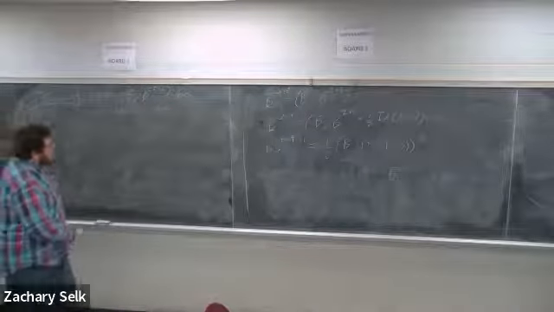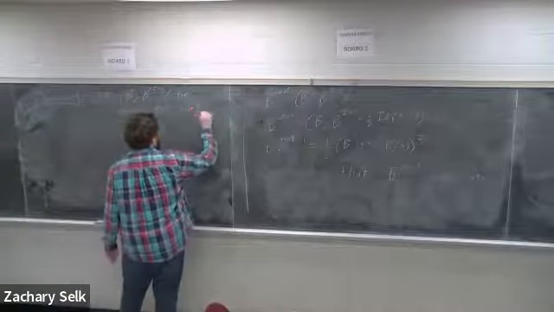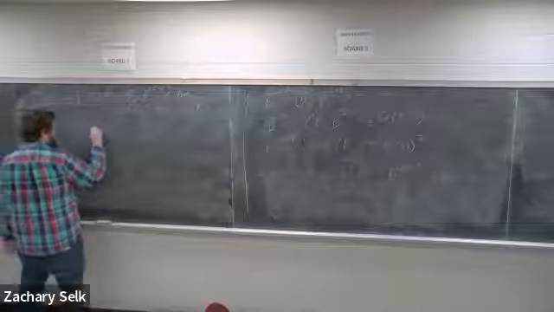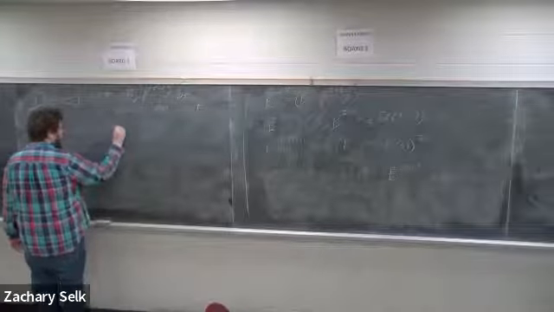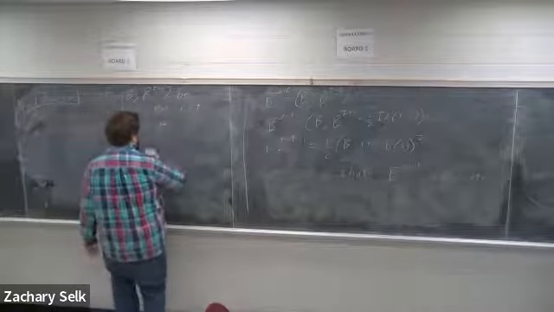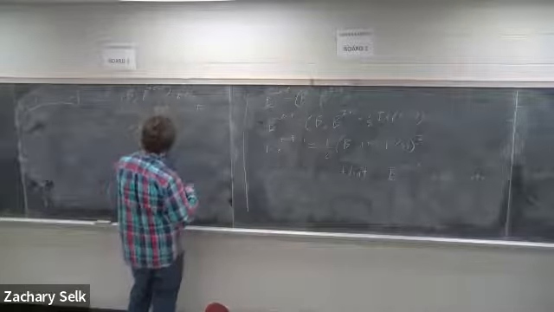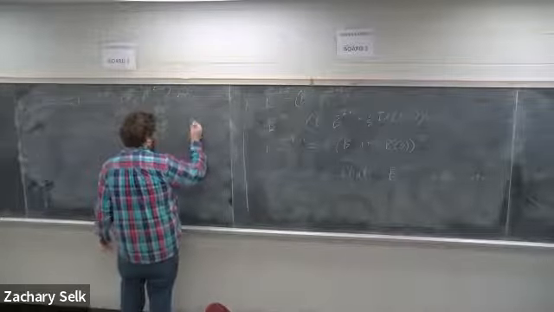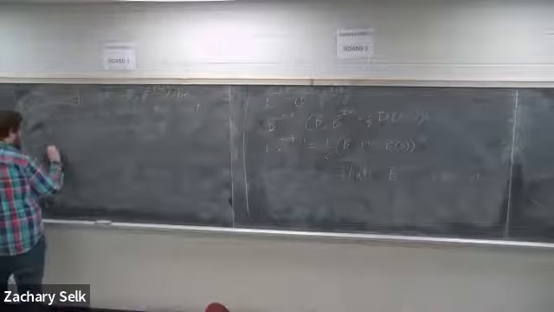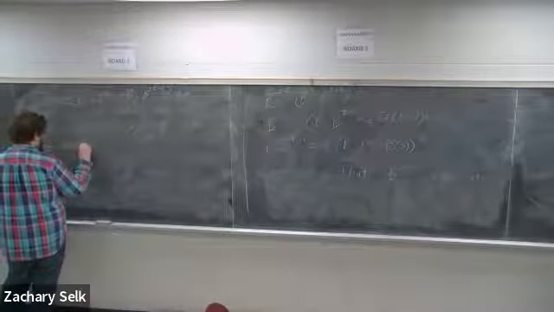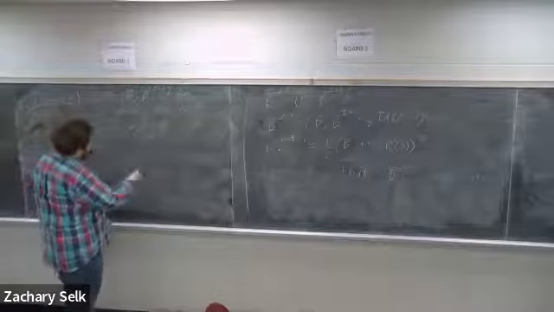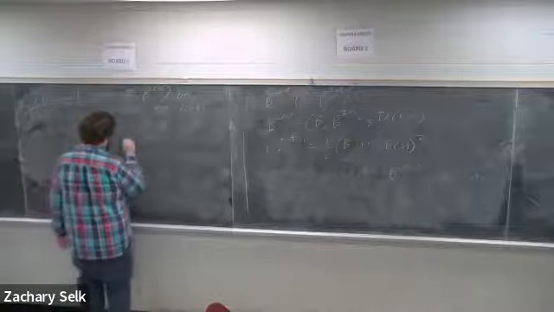Let Y be controlled by B, and let Y be progressively measurable and almost surely L2.